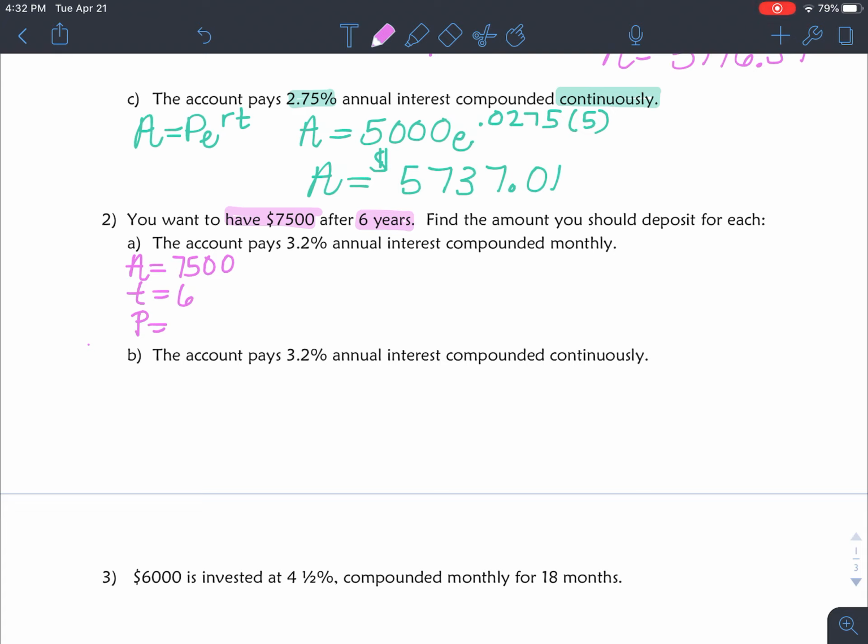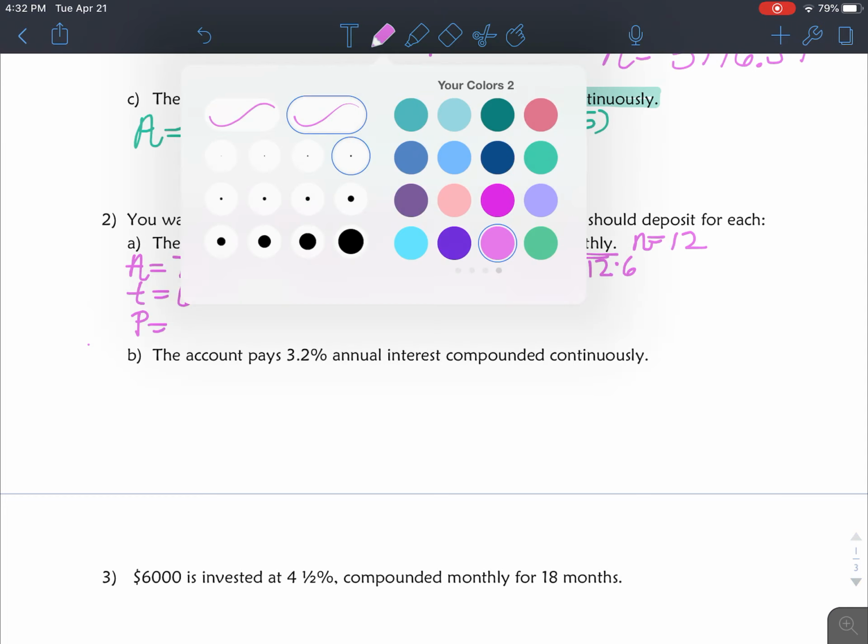What would P have to be for each? The account pays, so we know our rate. Compounded monthly, that's N equals 12. So let's plug in what we know. Our final amount, A, is $7,500 equals P times 1 plus 0.032 divided by 12 raised to the 12 times 6. Now, you could calculate out that decimal, but I will be very picky about your rounding. You should not round until the very end.